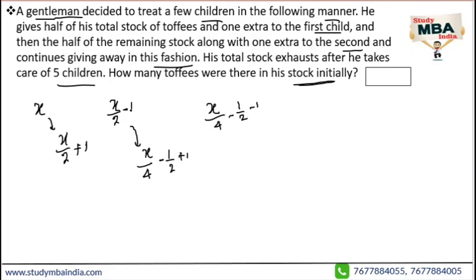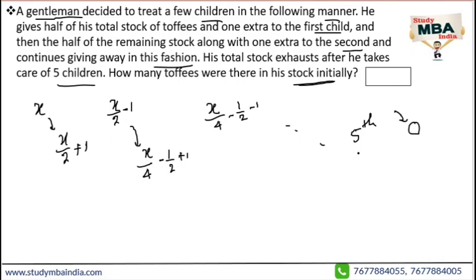If you see the pattern here, half plus 1 is gone, which means half minus 1 is remaining. We'll do this till the fifth child, and after that the remaining part will be 0.